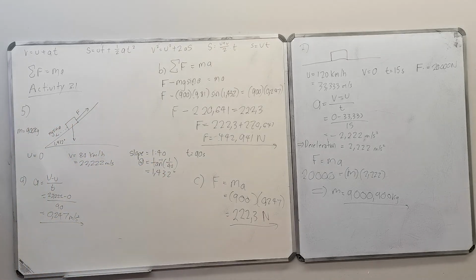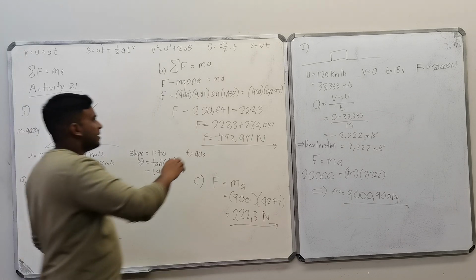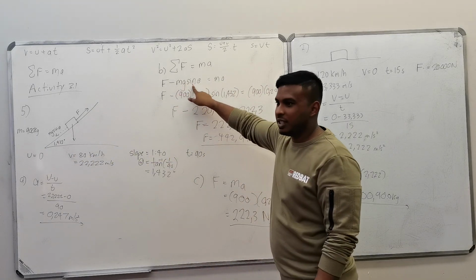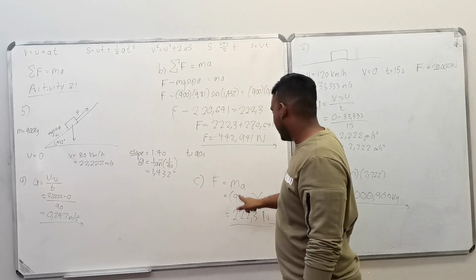If you just did the calculation of final force minus your gravity force, it still gives you that total. Because remember, this minus this is equal to MA.